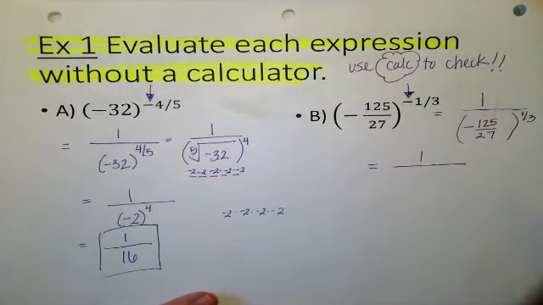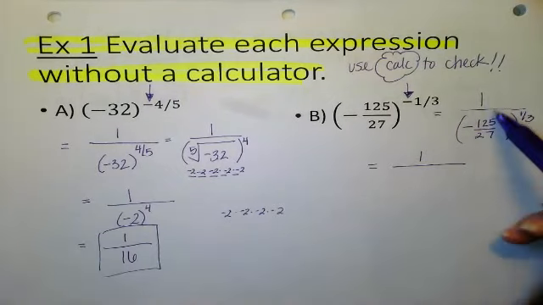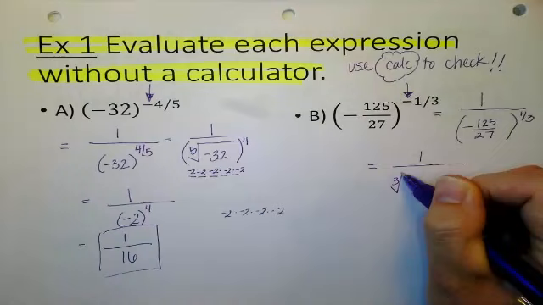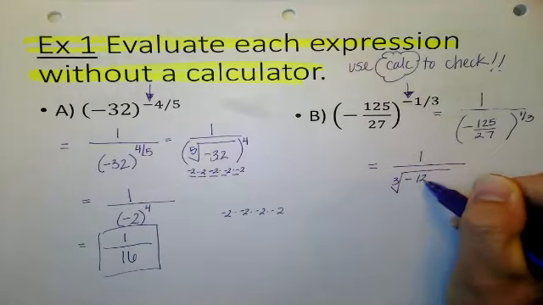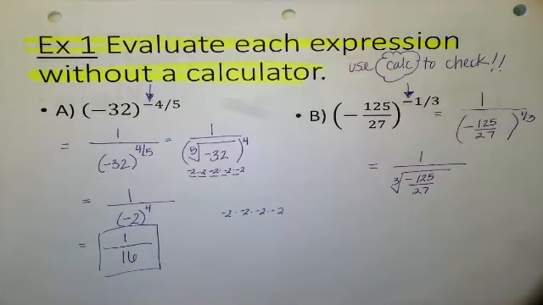So I have 1 over. Now you'll notice my power is a nice positive power now since we flipped it into a fraction. So again, I want to go ahead and try and clean this denominator up. So I'm going to rewrite this. It's the cube root of negative 125 over 27. You'll notice I went ahead and put the negative with the numerator.